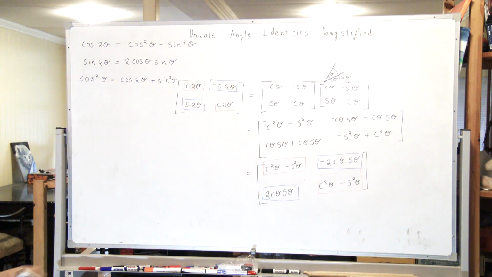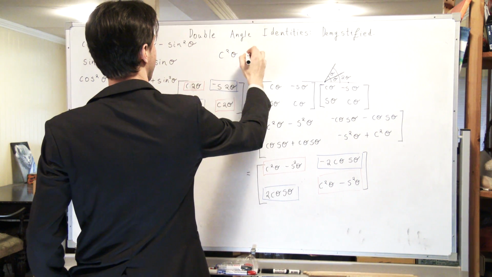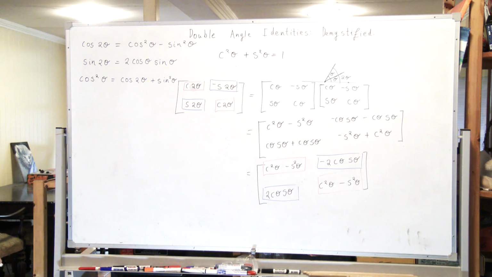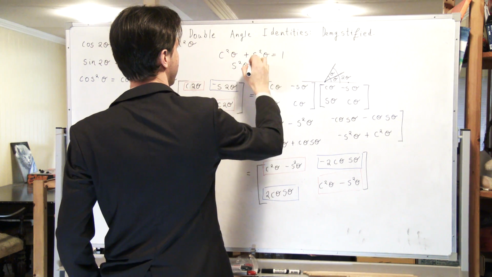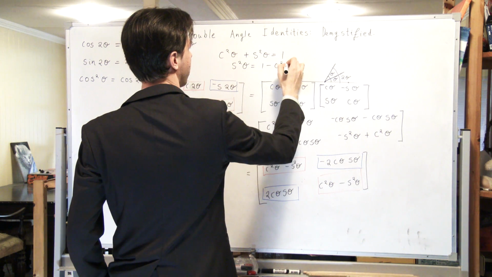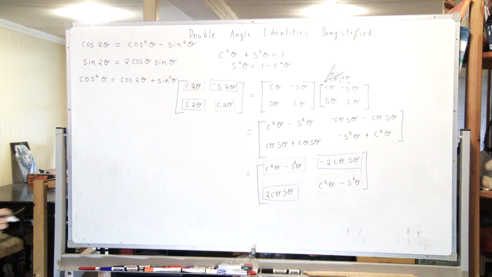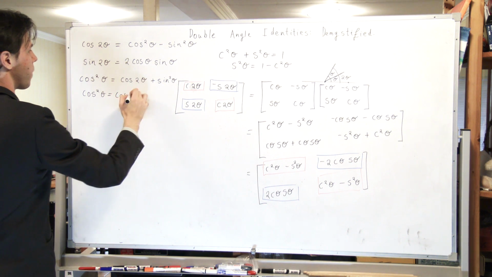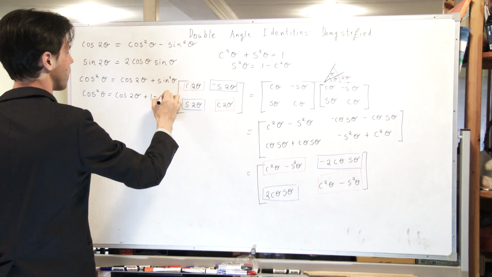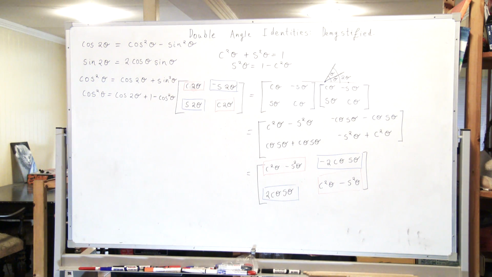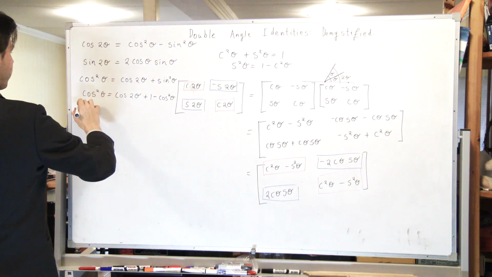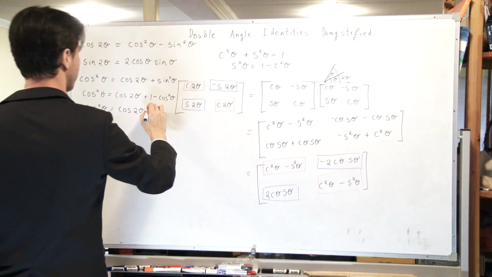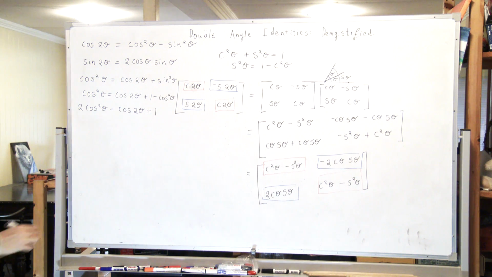So we use Pythagoras' identity that cos squared theta plus sine squared theta equals 1. So I'm going to rearrange it and say sine squared theta equals 1 minus cos squared theta. Now I'm going to substitute this information here for sine squared theta. Then I'm going to add cos squared theta to both sides. So on the left hand side I have 2 times cos squared theta. Then just divide both sides by 2.